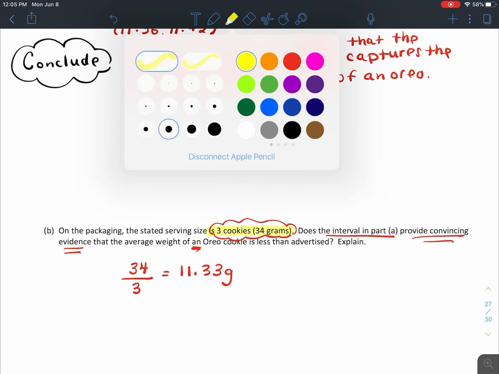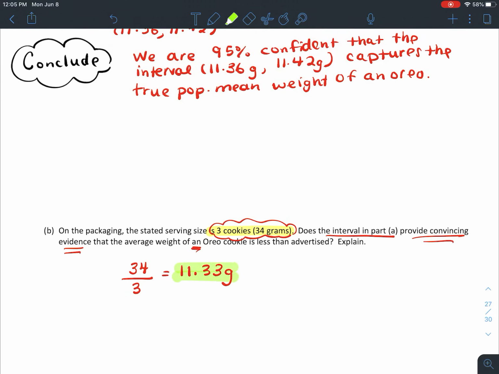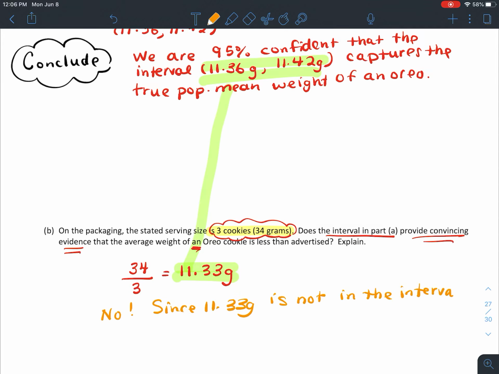And so what they're really saying is they're advertising that the weight of a single Oreo cookie is roughly 11.33 grams. So let's look at their advertised weight. Let's compare that to our confidence interval. And let's see, does it look like that number is falling as a plausible value in our confidence interval? And I don't see that there. It doesn't look like it would fit in our interval. And so we're simply going to respond no, since 11.33 grams is not in the interval of plausible values.